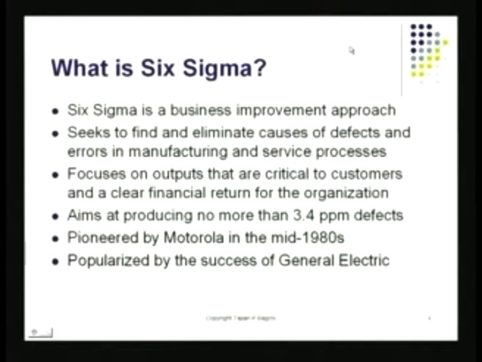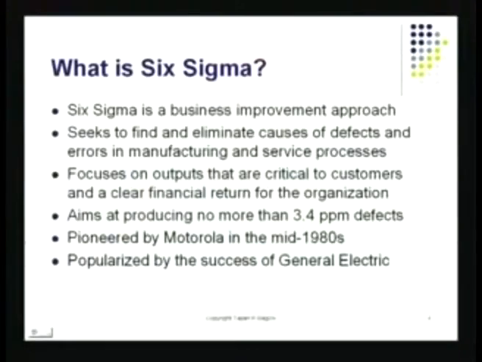Now, what exactly is Six Sigma? Because the theme of this particular lecture is Six Sigma. The full series addresses various aspects of Six Sigma. Let's take a look at what Six Sigma really is. It's a business process improvement approach. The focus of Six Sigma is on improvement and the attainment of a final quality level or defect level, which is in parts per million.